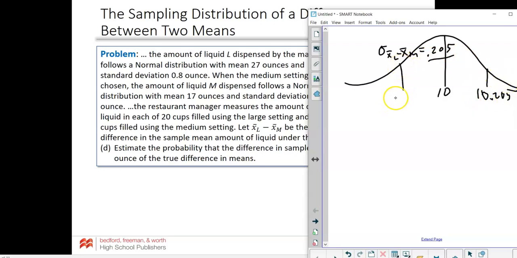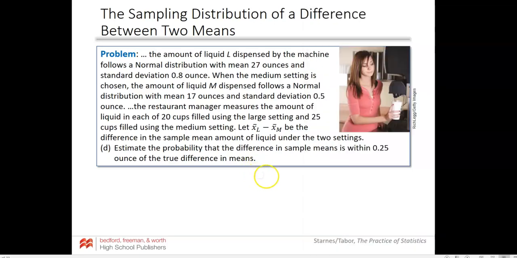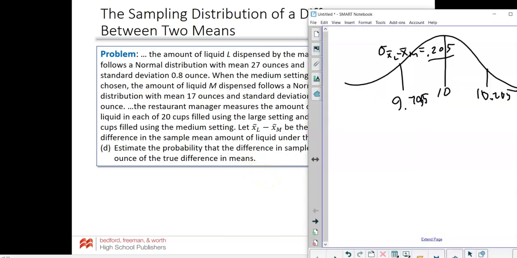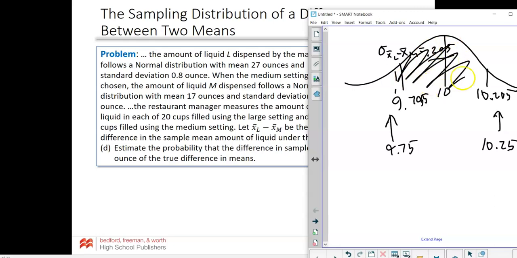This would be 9.795, and so forth. Now, the question says within 0.25, so 0.25 in either direction. That's 10.25, a little bit more than one standard deviation. And then 9.75, a little bit more than one standard deviation that way. So that's the shaded area. That's the lower bound, that's the upper bound.